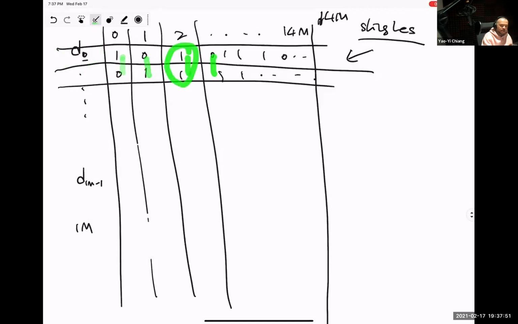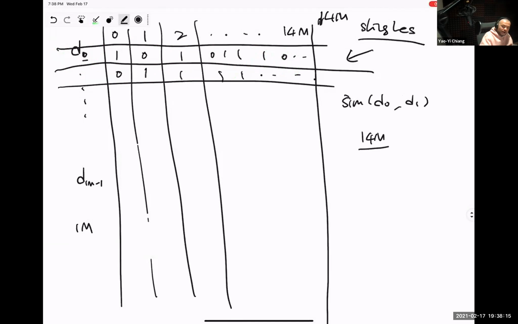Oh, this is the intersection, but these two count as the union, right? And then we have to compare each item. So what is your complexity then? Well, for each similarity between D0 and D1, for example, we have to do 14 million comparisons.